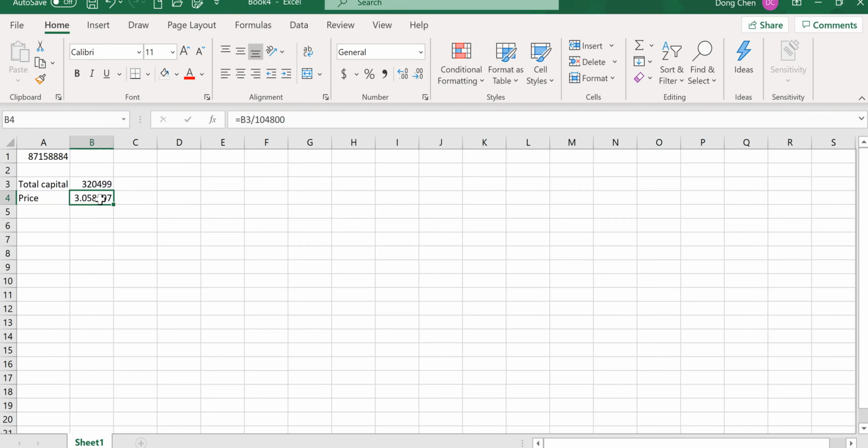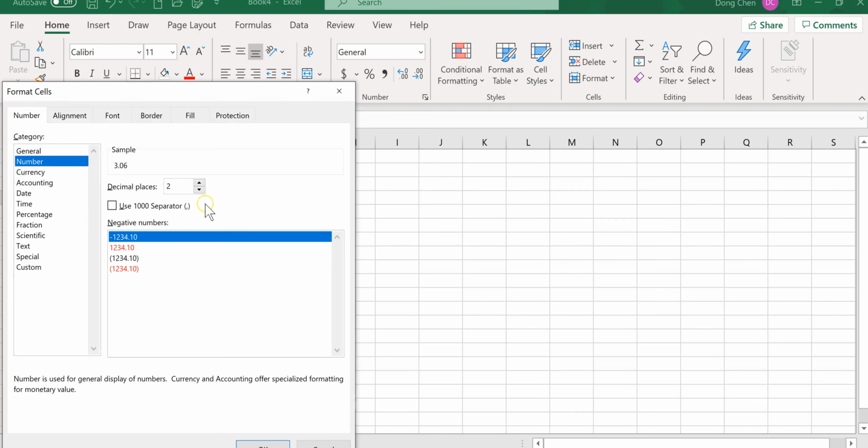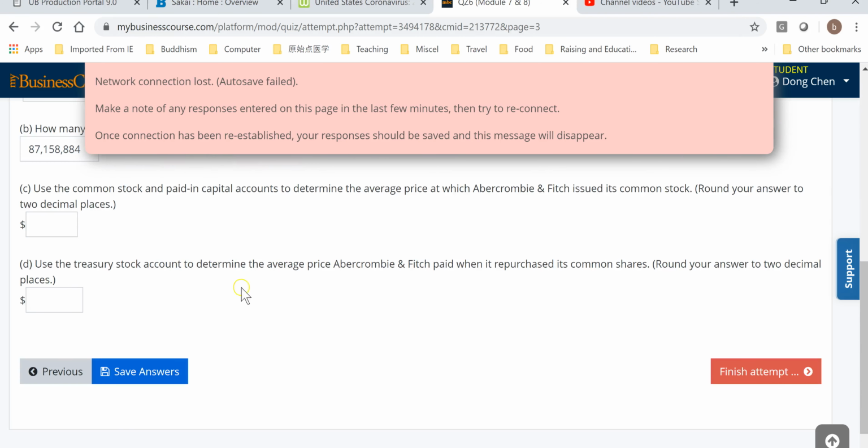Then keep the number of decimal places according to the requirement, and I believe that's 2, right? Rounded to 2 decimal places, round your answer to 2 decimal places. So this is going to be 303.06.